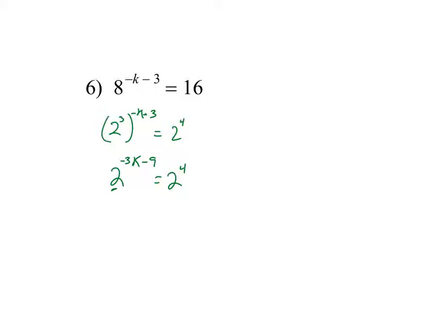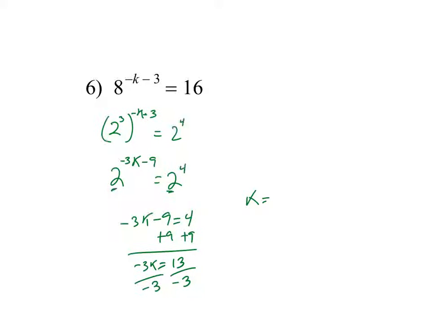Again, my bases are the same, so that means that negative 3k minus 9 equals 4. Plus 9 on both sides, so negative 3k equals 13, and divided by negative 3 on both sides, so k equals negative 13 over 3.